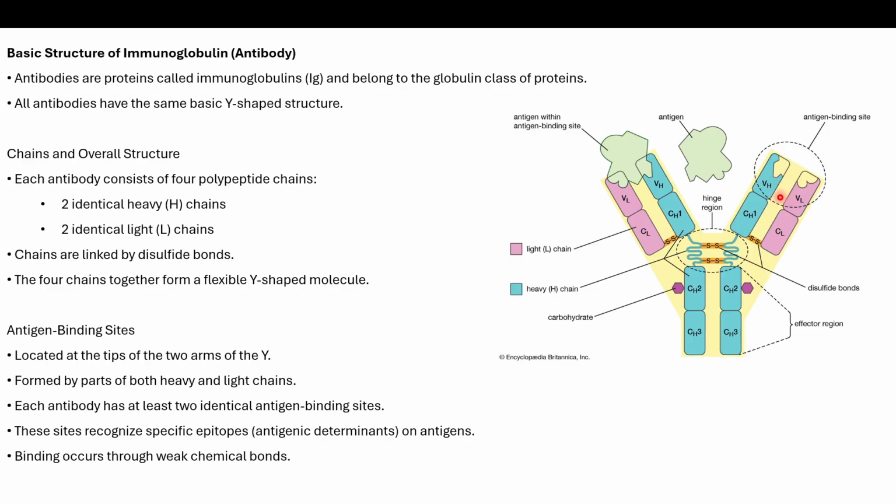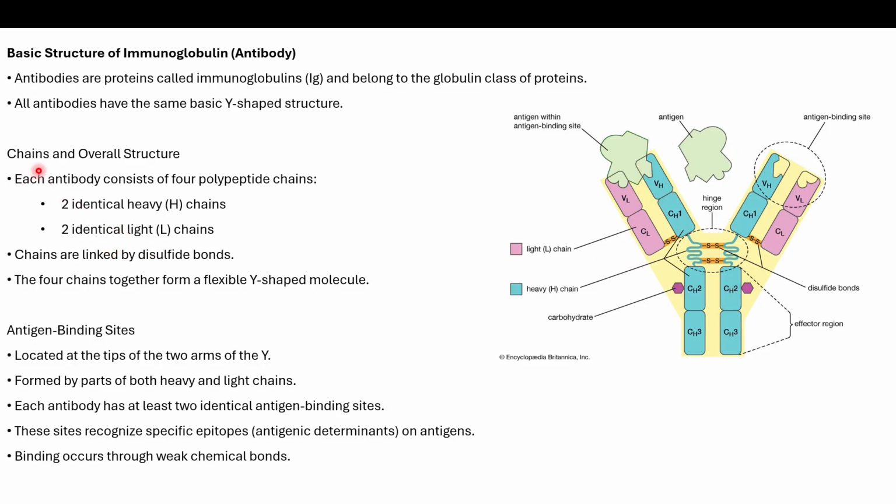There are specific portions in the heavy and light chains that bind specific antigens, which are called antigen binding sites. Suppose this is the antigen here; they recognize specific parts of an antigen. Both the light and the heavy chain comprise those parts.